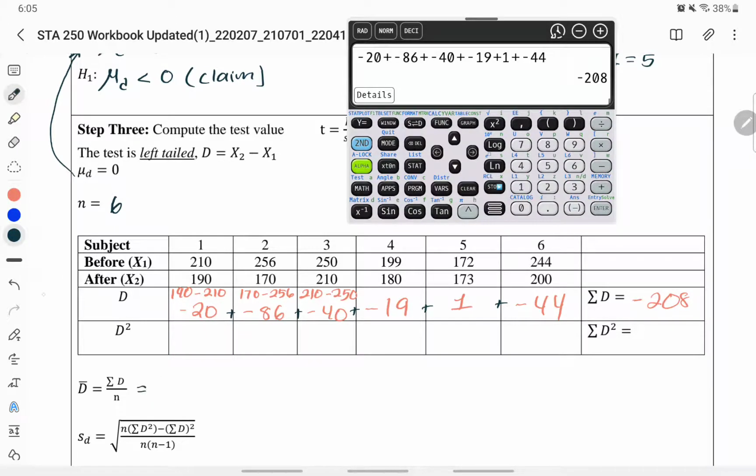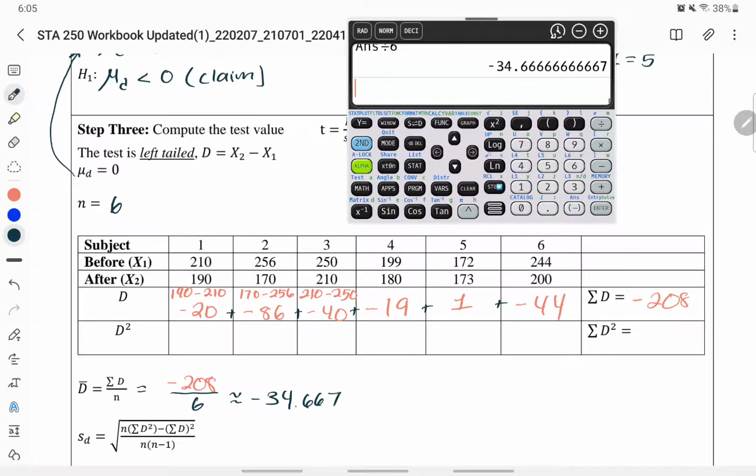That's going to equal negative 208 divided by the sample size, which is 6. Divide that by 6, and we get negative 34.667.